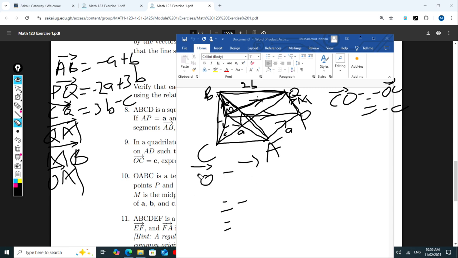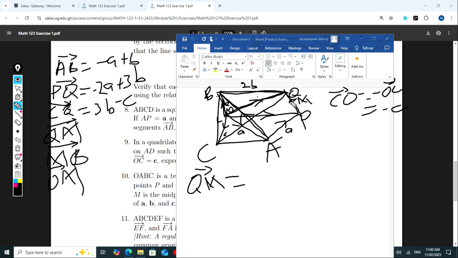The next one is we are going to find QM. QM is equal to, where is our Q? Our Q is here, M is here, so here we need this. So QM, we only need this.